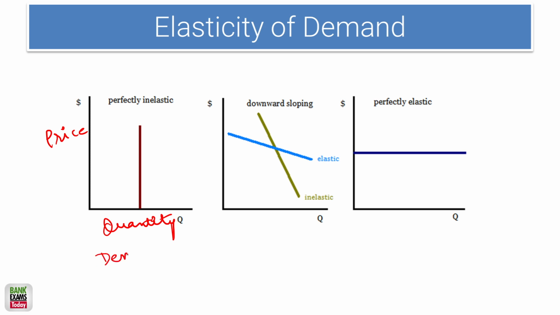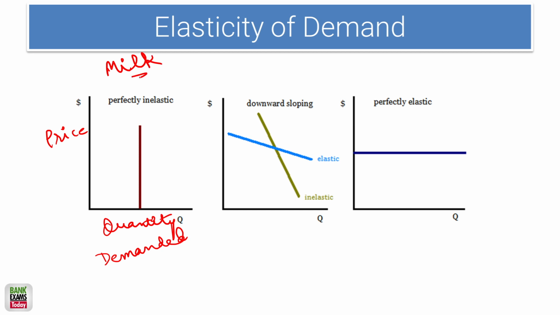demanded goes here. There are certain products in the market whose price doesn't make an impact on the quantity demanded, right? Products like that actually rarely exist. A good example would be maybe wheat, or no, not even wheat. Let's take the example of milk.